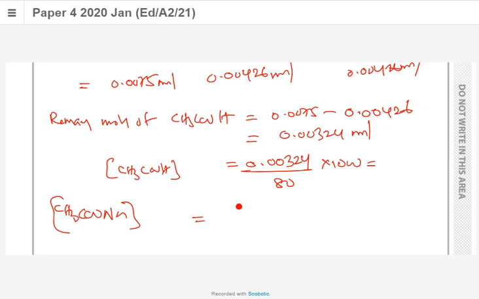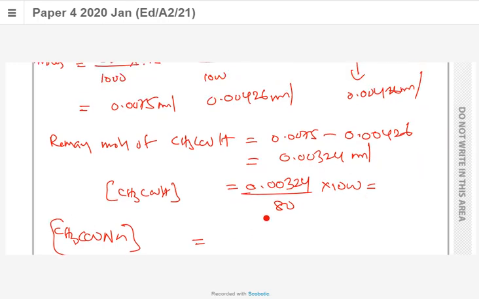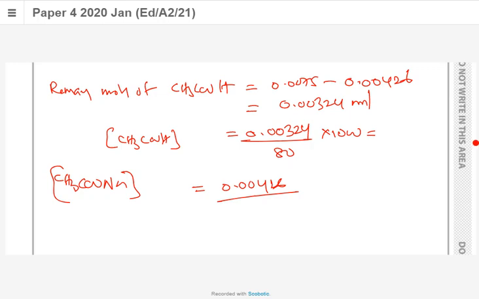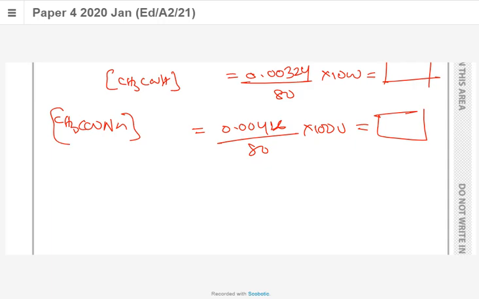Likewise, you can find the concentration of the salt: 0.00426 moles present in 80, number of moles in 1000. Once you have this acid concentration and the salt concentration, that's then done.